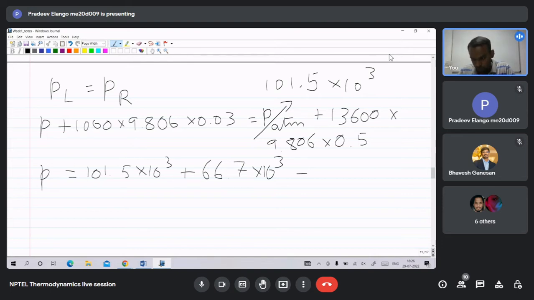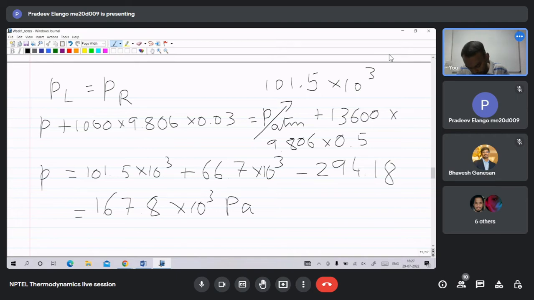That is 1000 into 9.806 into 0.03, which gives 294.18. So finally the pressure we have is 167.8 into 10 power 3 pascals, which is 167.8 kilopascal.